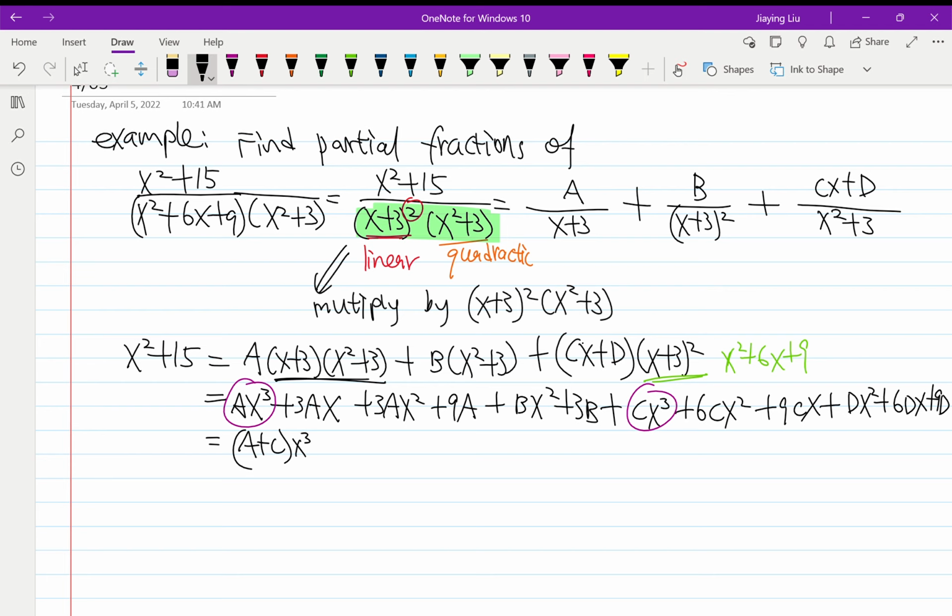So we have a plus c times x cubed. Then we're going to group x squared terms, so that's going to be 3ax squared, bx squared, 6cx squared, and the dx squared. So this is 4 terms there. So that's going to be 3a plus b plus 6c plus d, times x squared.